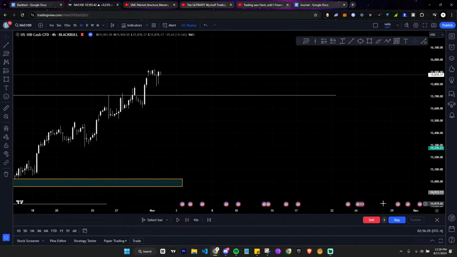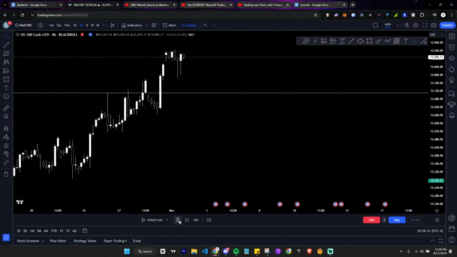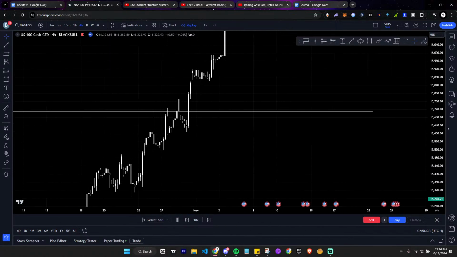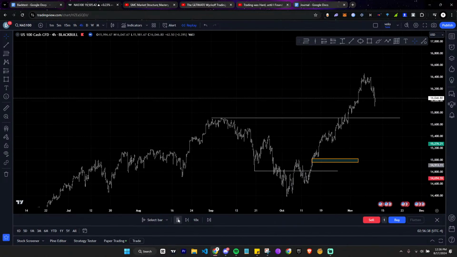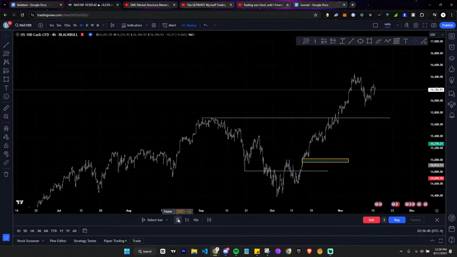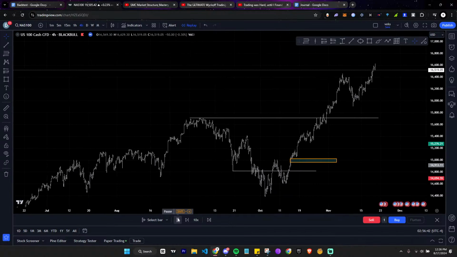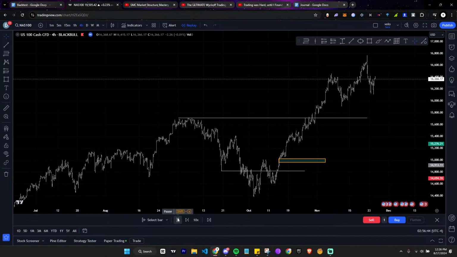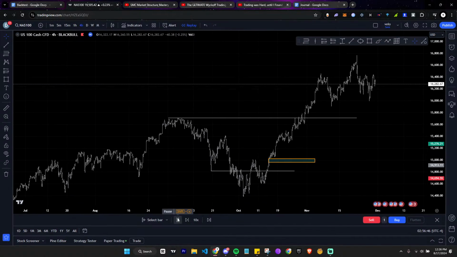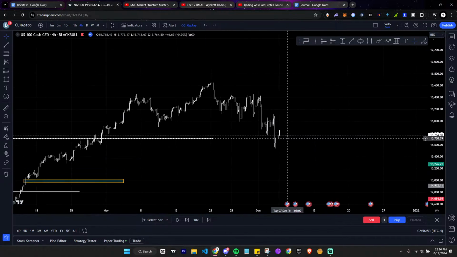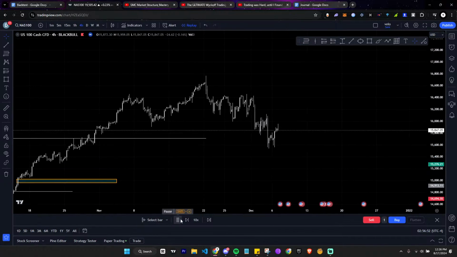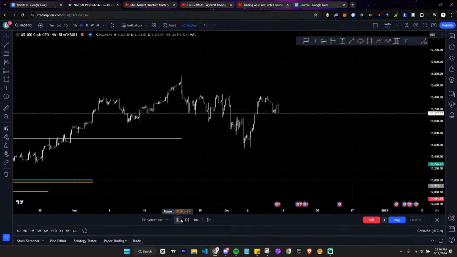Sweep liquidity, let's see if it sweeps liquidity. Yikes, this is sweeping liquidity. Sweep liquidity, there we go. Temporary sweep. Nope, not yet.